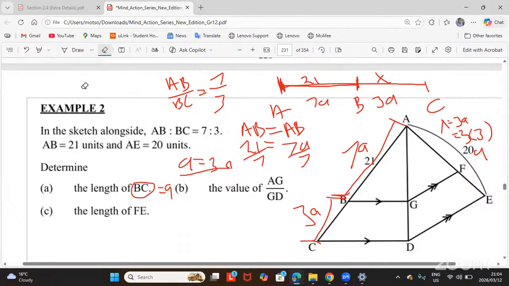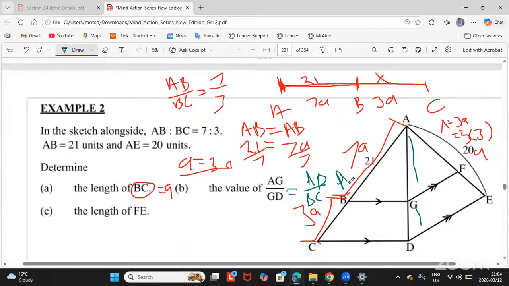So what does that mean? It means that if we are looking for AG over GD, that must be equal to AB over BC, right? What's the reason behind that?